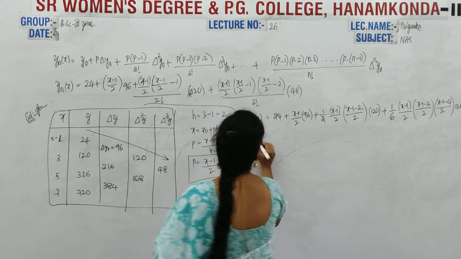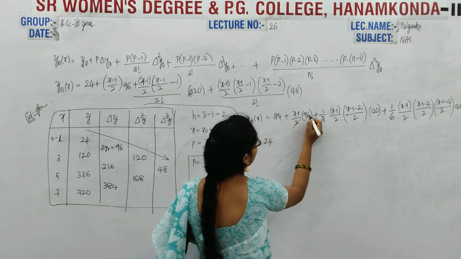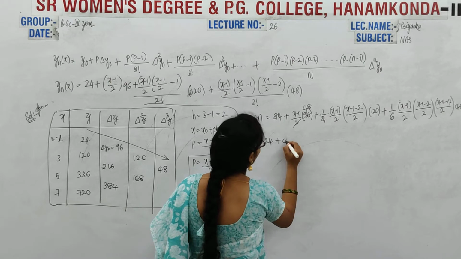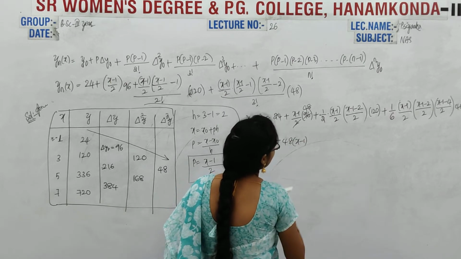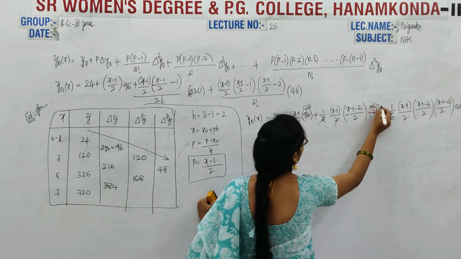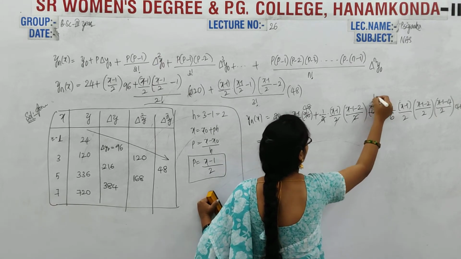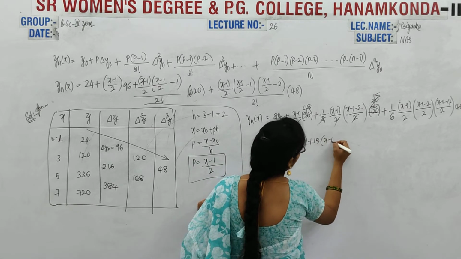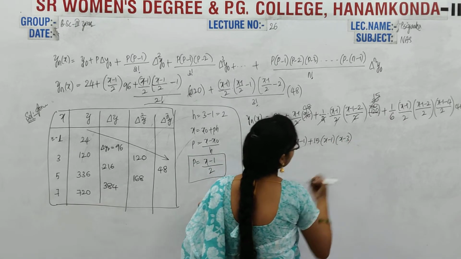Now what do I get? 24, 2 ones are 2, 2 fours are 8, 8s are, now plus 48 into (x minus 1). Now 2 ones are 2, 2 sixties are, 2 thirties are, 2 fifteens are. Now plus 15 of (x minus 1)(x minus 3).